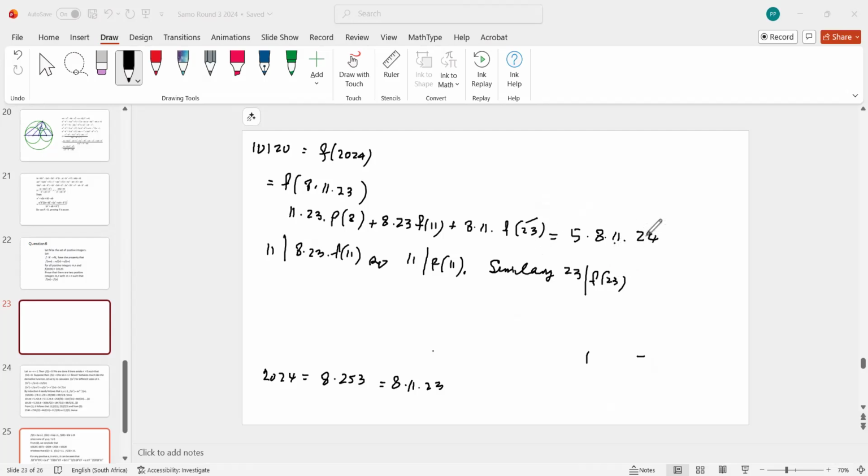Good. Oh, this is 23 here. 23 goes into this, 23 goes into this, 23 goes into this, therefore 23 goes into this, and 8 and 11 have no common factors with 23, so 23 is a factor of that. And then also 8 is a factor of f of 8 for the same reasons.